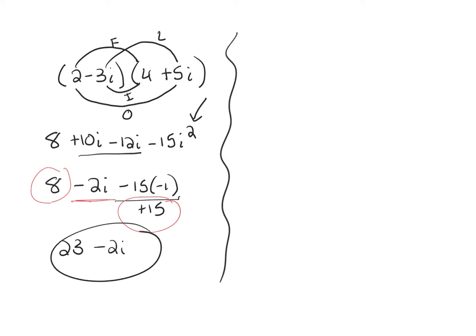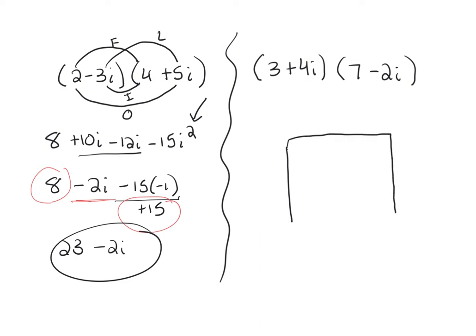All right, let's do one more of these. So 3 plus 4i times 7 minus 2i. And why not? Let's do the box method, because I know some students prefer the box method over FOIL. So you could FOIL it right now and then just check your answer with my box method if you want. Or let's do 3, 4i, 7, minus 2i.